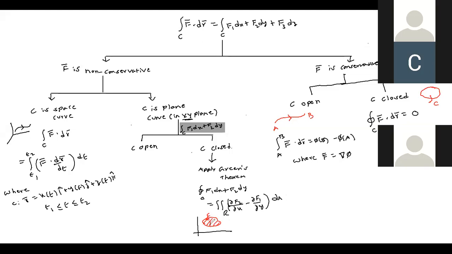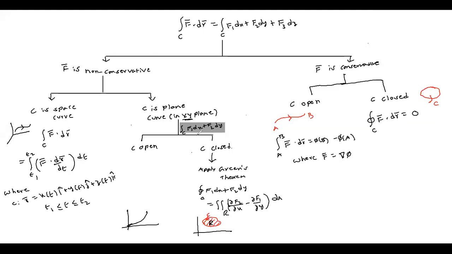Now finally, if C is open, how do you do it? Something like y equals x squared type. C is open means you have a relation between x and y. You have to evaluate f1 dx plus f2 dy. How many variables are there? Only two, x and y, and you have a relation between them.